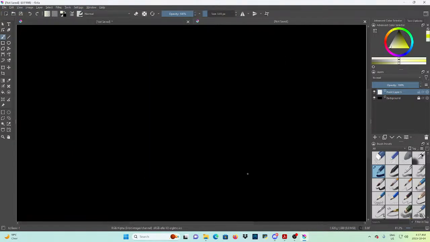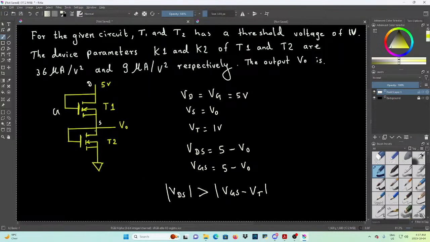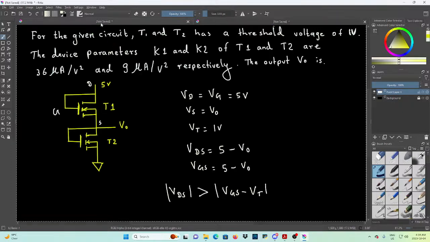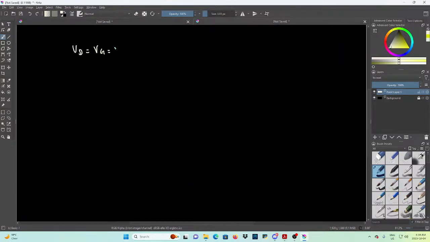Now I'm going to look at the next MOSFET right here. This is also an NMOS, you can see the arrow pointing inward, and for this one the drain and the gate are equal because this is diode connected, so VD and VG are the output voltage VO.